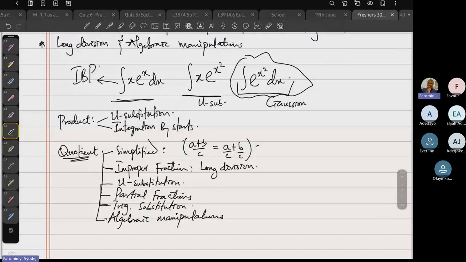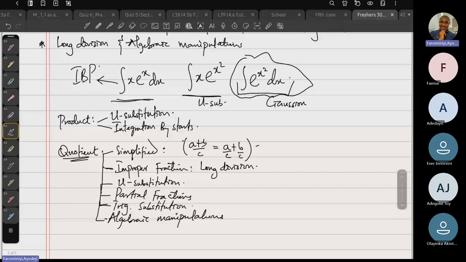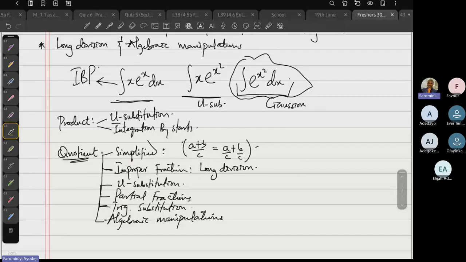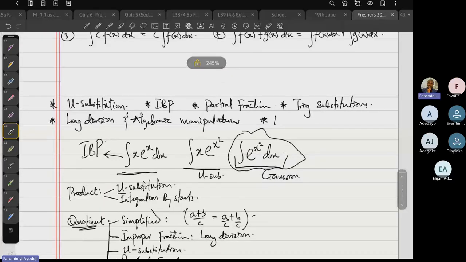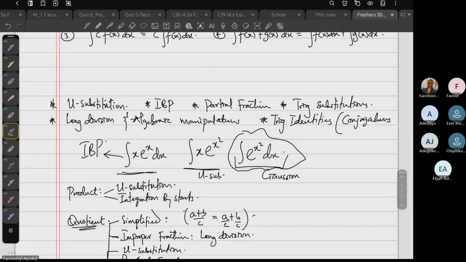Then when you see trigonometric functions, we are looking at different trig identities. It is very, very important. Trig identities, conjugations, and what have you.